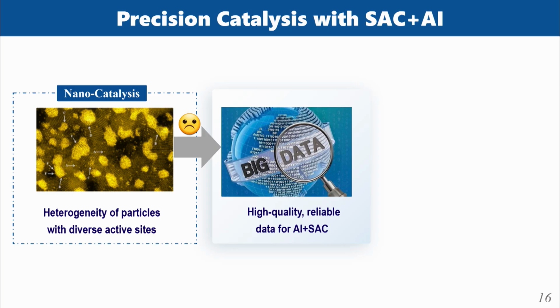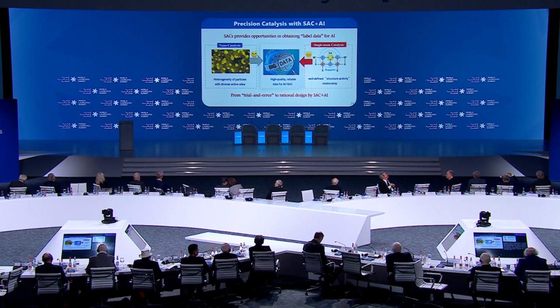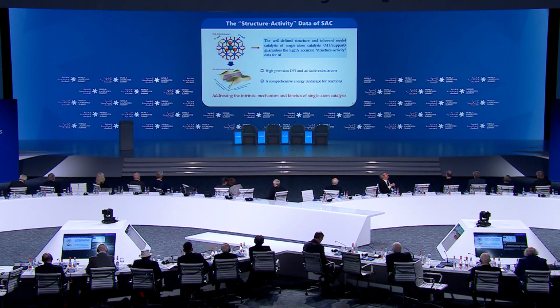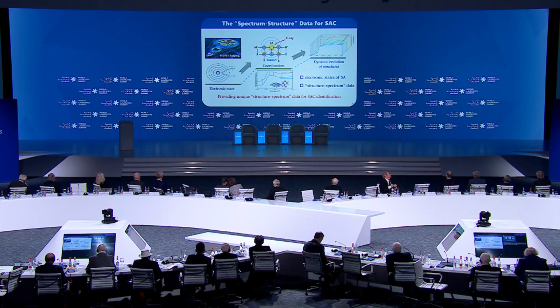So now we try to use artificial intelligence. Before, because nanocatalysis is a mixture of nanoparticles, clusters, and single atoms, it was quite difficult to obtain reliable data. Now with single atoms, it's possible. And with single atoms, we can obtain clear structure-activity data and spectrum-structure data.